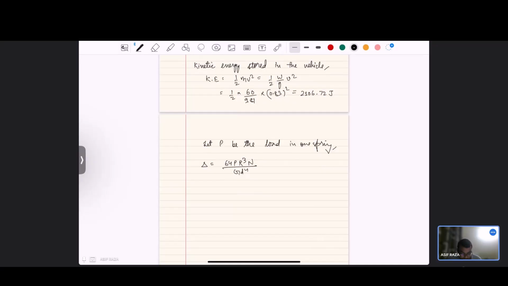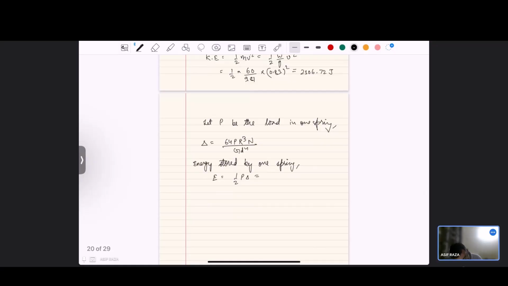And energy stored by one spring, E is equal to half P delta. So this would be equal to 32 P square R cube N upon GD to the power 4.